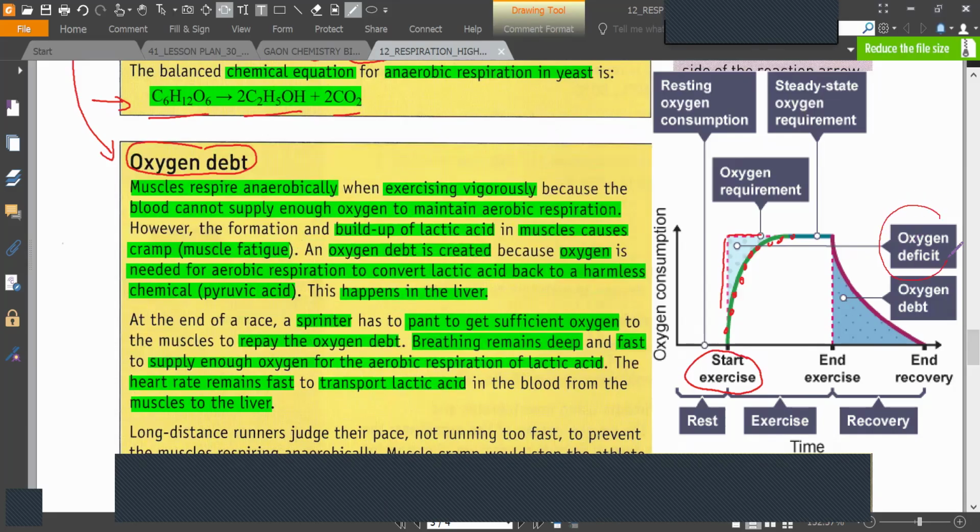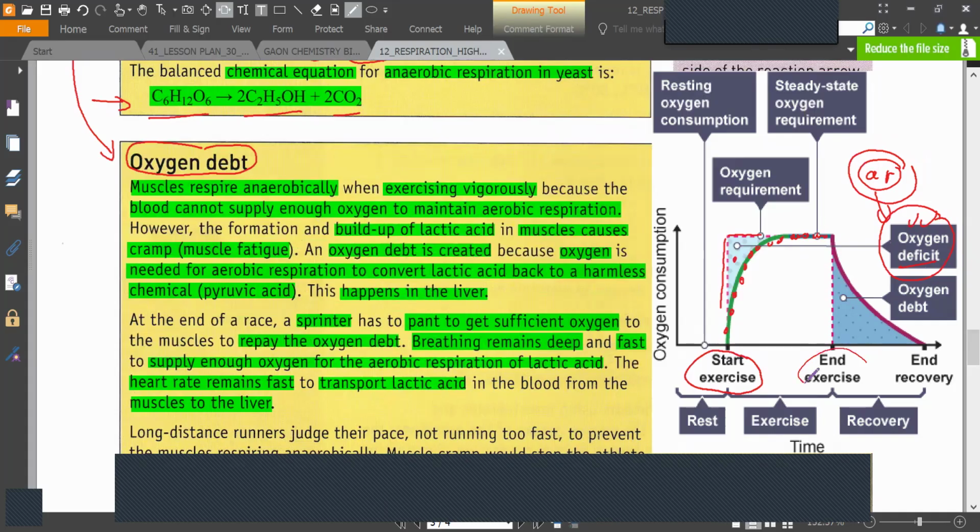So we use anaerobic respiration to fulfill this oxygen deficit, to fulfill the oxygen that we need. We use anaerobic respiration, so we continue to exercise.